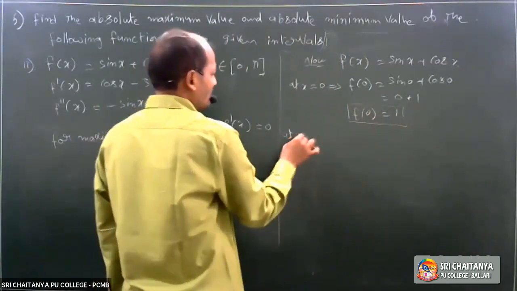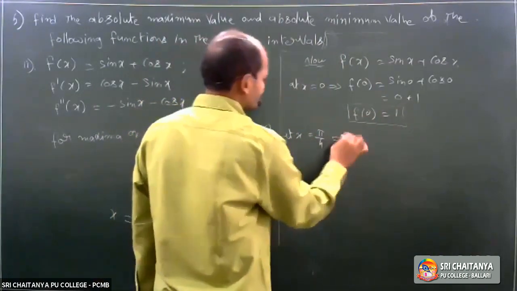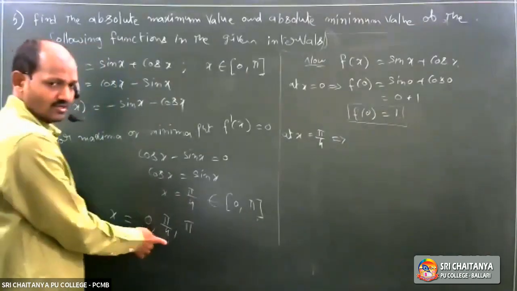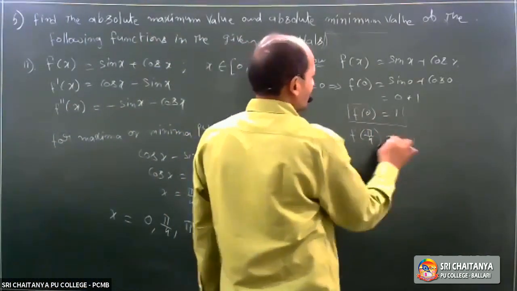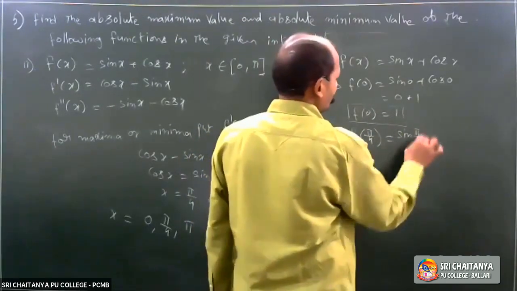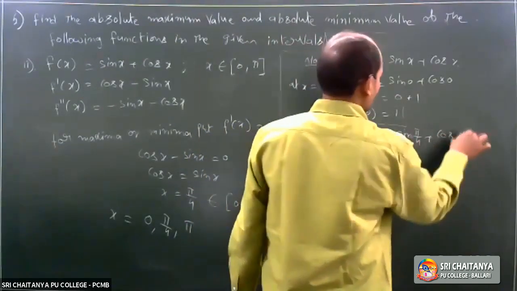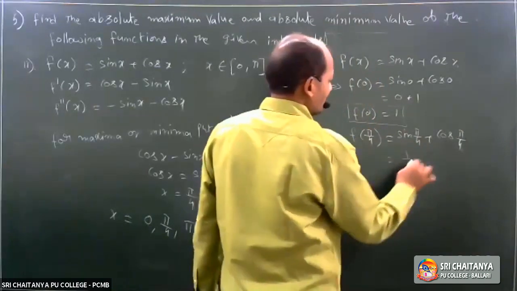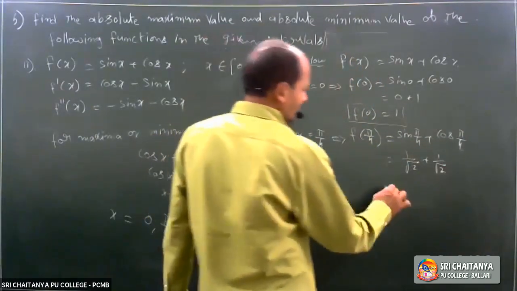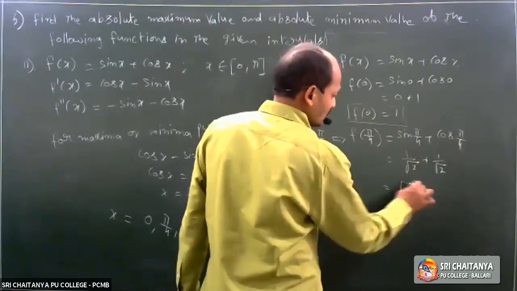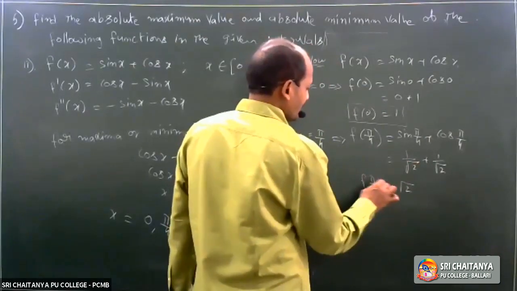Next, at x equal to pi by 4, f of pi by 4 is sin pi by 4 plus cos pi by 4. It is 1 by root 2 plus 1 by root 2, 2 by root 2. That means 2 by root 2 means root 2. F of pi by 4 is root 2.